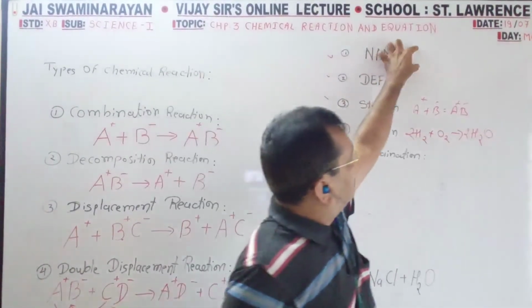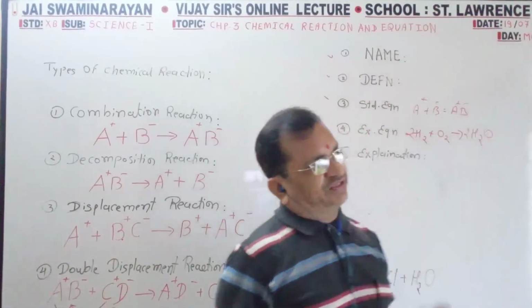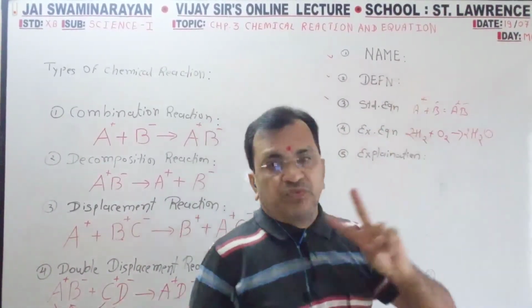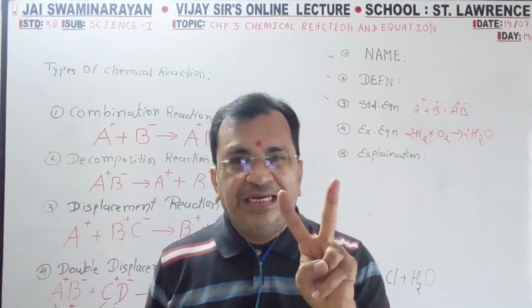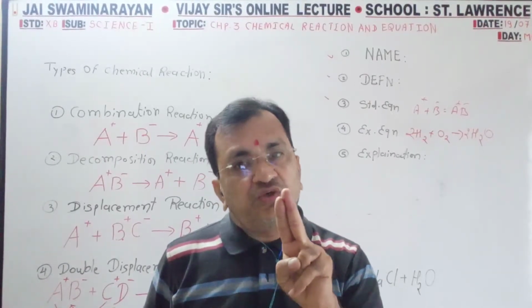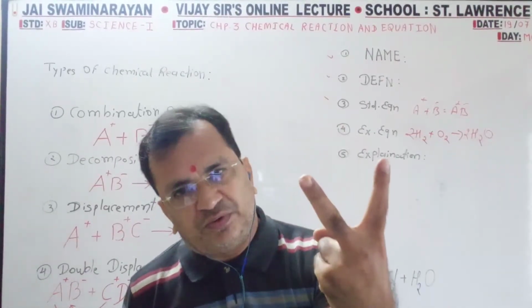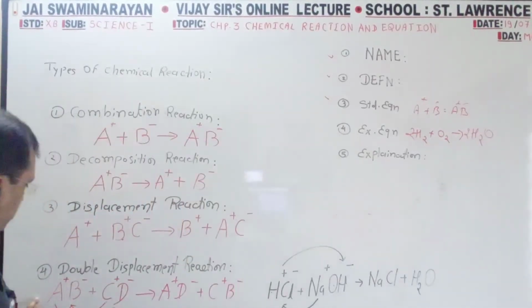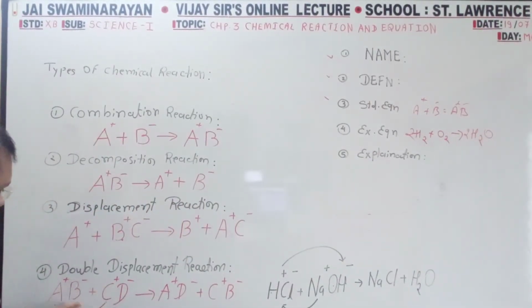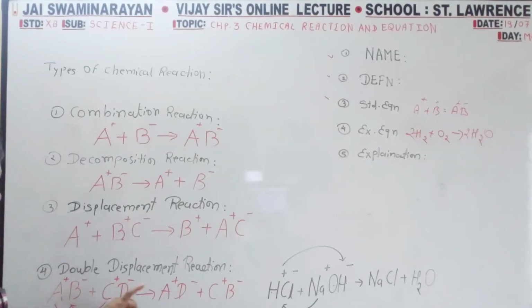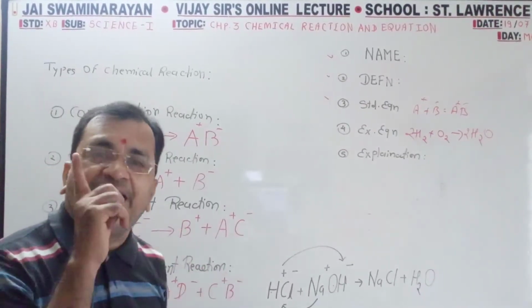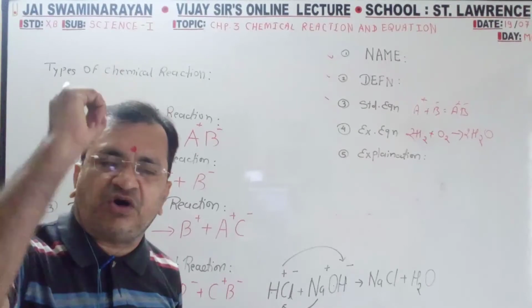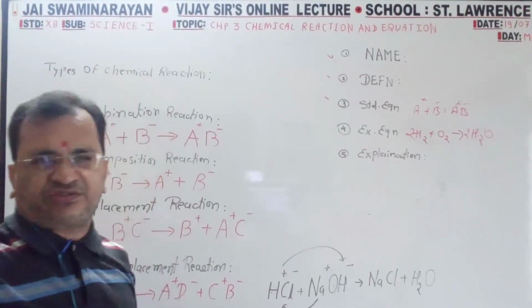Fourth, double displacement reaction. Two compounds combine with each other to form two new compounds. A, B, C, D. This plus goes with this minus, this plus goes with this minus. 1, 2, 3, 4. In all compounds, you have to write positive first.